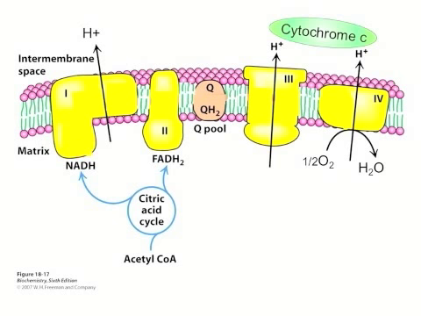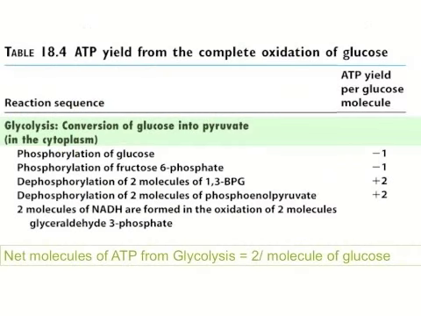If you're coming in at the position of FADH2, you're losing the proton motive force that would have come in from complex 1. And so, since there are less total protons that are being moved from the matrix to the intermembrane space when you're starting with FADH2 than if you would start with NADH, less moles of ATP are synthesized per mole of oxygen used. So how much ATP do you get from the complete oxidation of glucose?